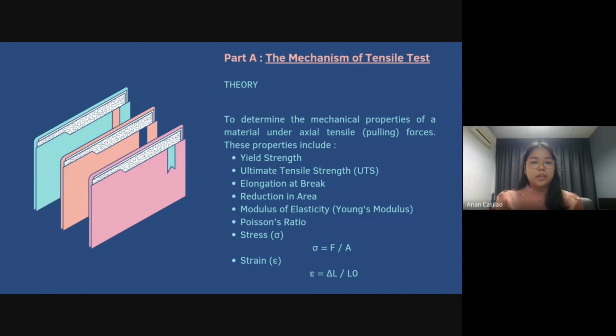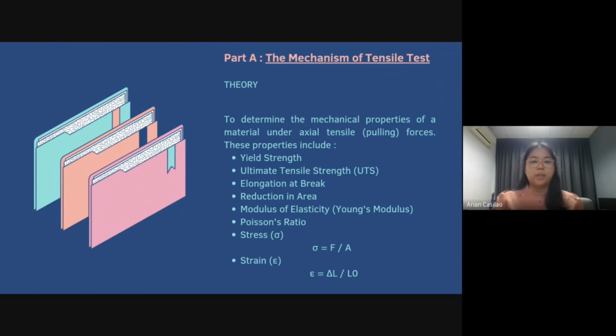Elongation at break, meaning the amount the material stretches before breaking. Reduction in area, the reduction in the cross-sectional area of the specimen at the point of fracture. Modulus of elasticity, a measure of material stiffness. Poisson's ratio, a measure of lateral contraction when a material is stretched.